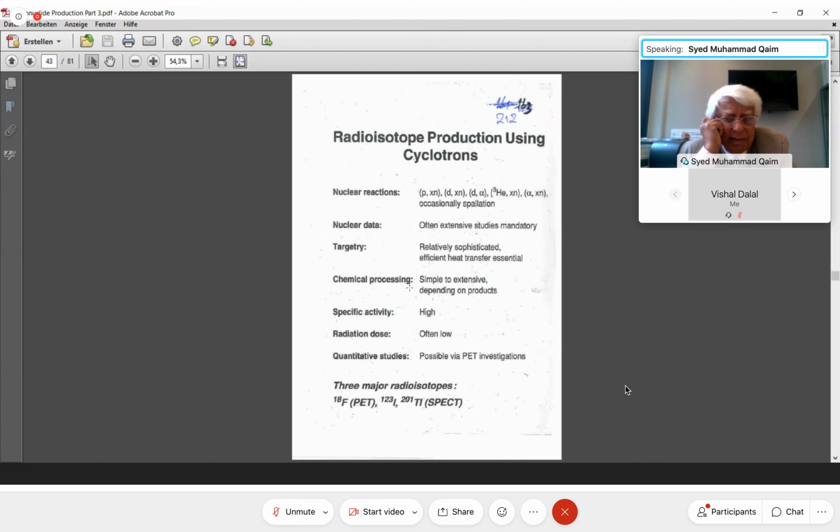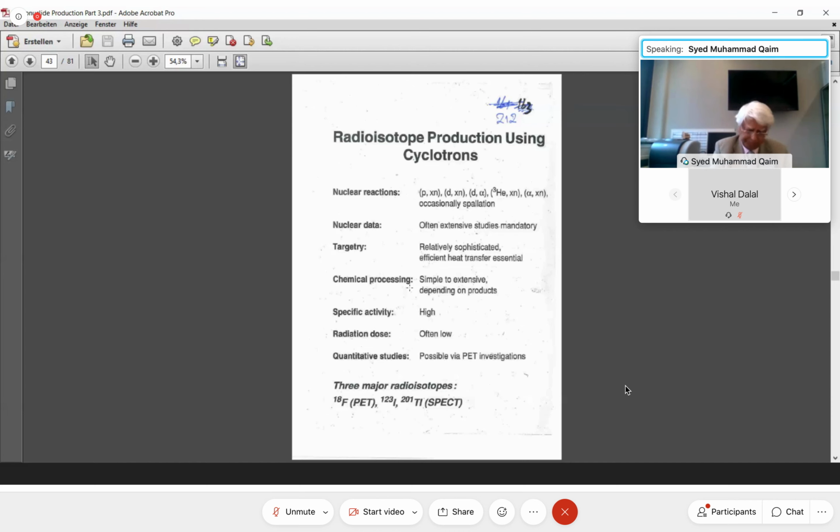Or they are the alpha reaction, also high cross-section, alpha XN reaction. So different types of reactions are possible because a cyclotron can accelerate protons, deuterons, helium-3 and alpha. If high energy charged particles are available, 200 MeV, then they cause spallation. So spallation yields are needed very much.